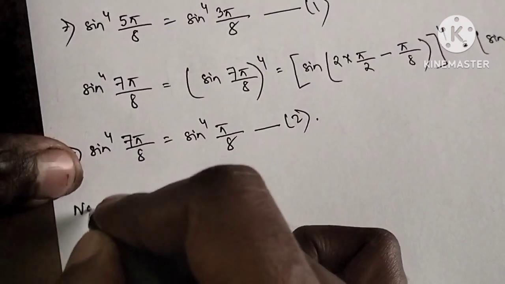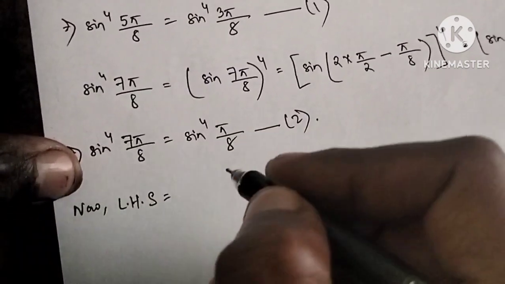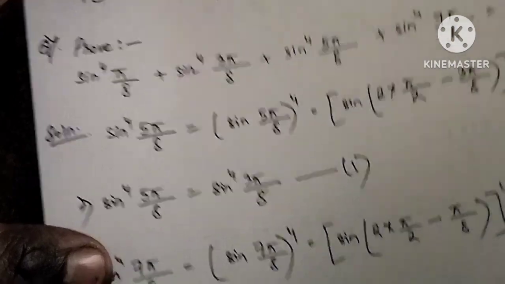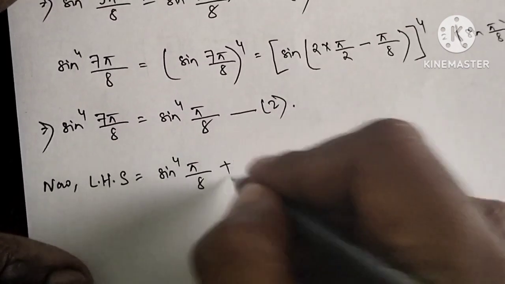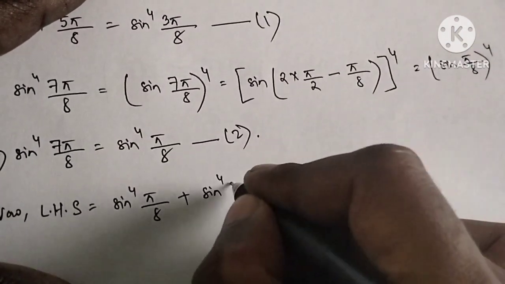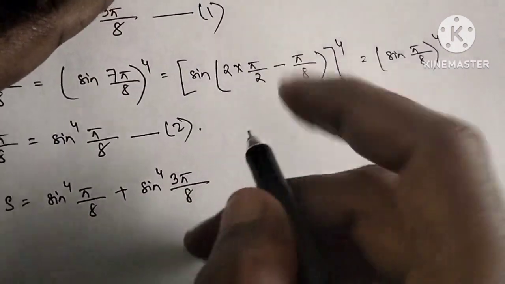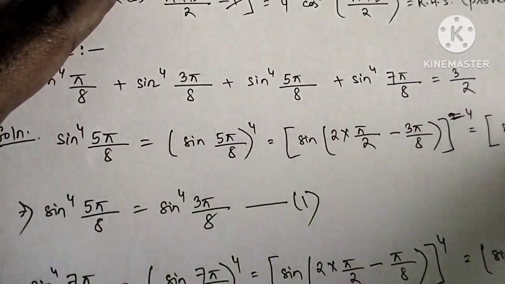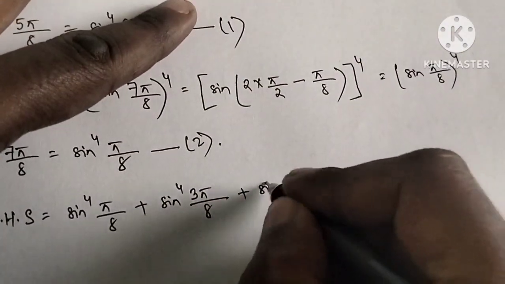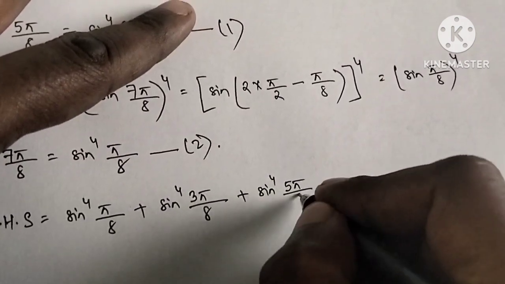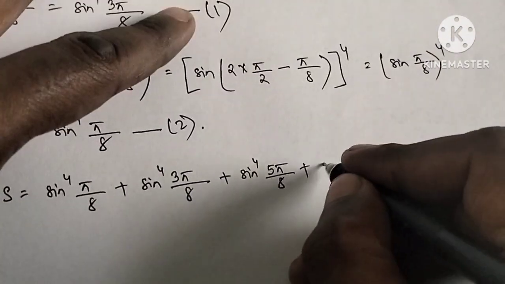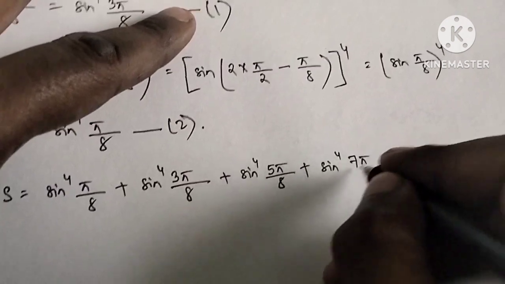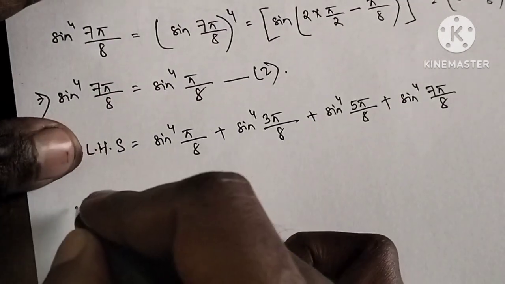Now LHS. What is LHS? Sine to the power 4 pi by 8 plus sine to the power 4 3 pi by 8, plus sine to the power 4 5 pi by 8, plus sine to the power 4 7 pi by 8. Okay, so this can be written in this way.